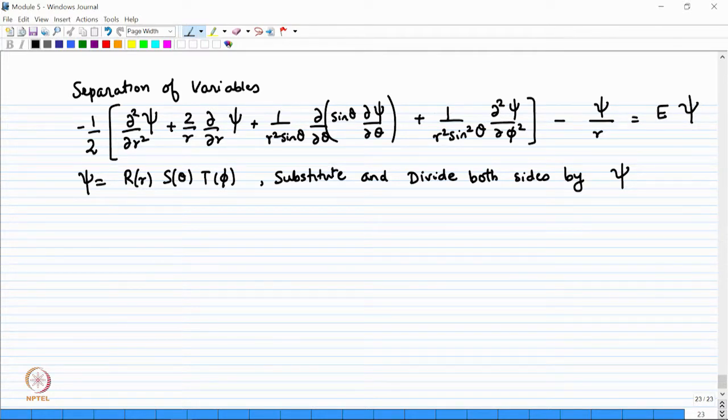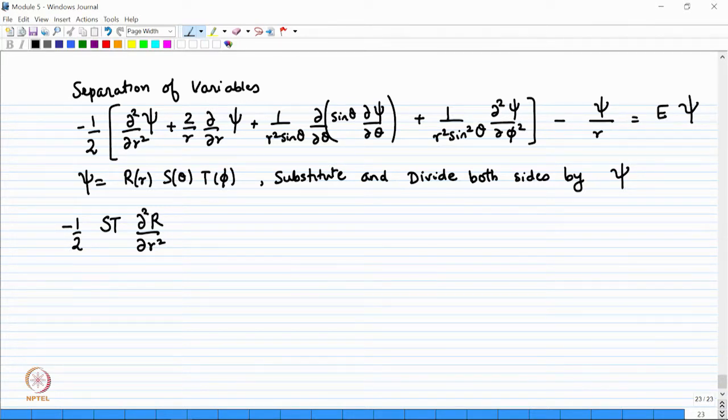Okay. So let us look at the first term. When I substitute, I will have the minus half. Now, when I take a d square by dr square, I will get S T times dou square R by dou r square. That will be this first term.